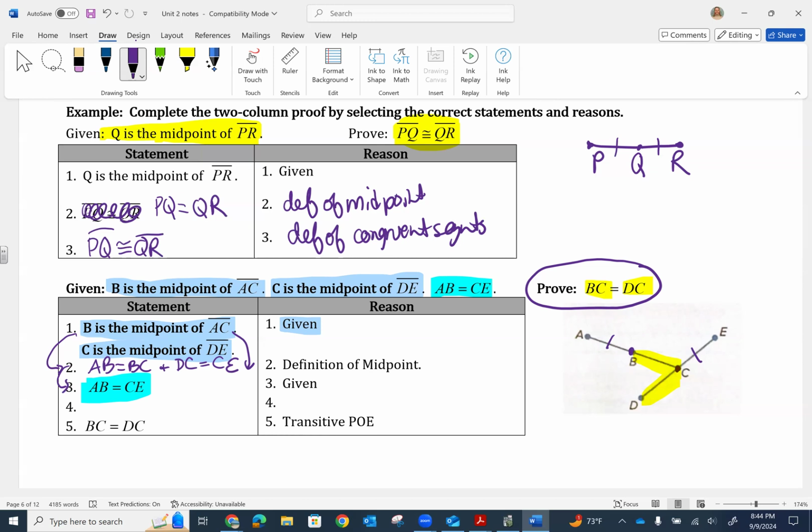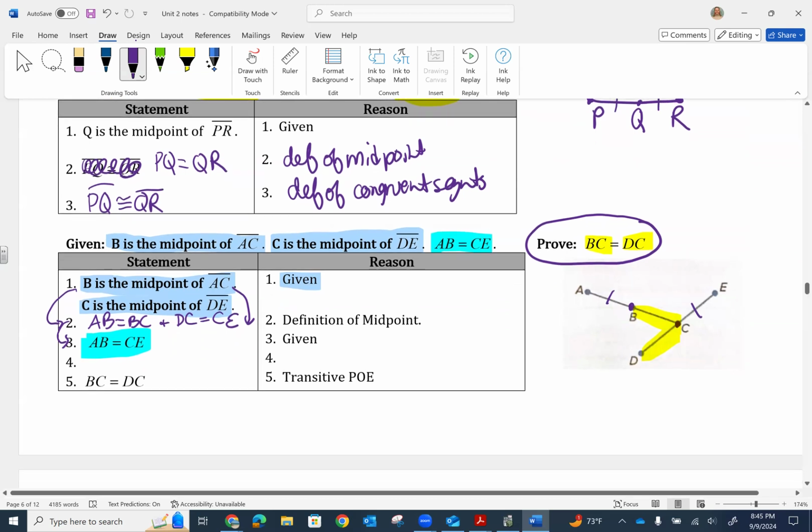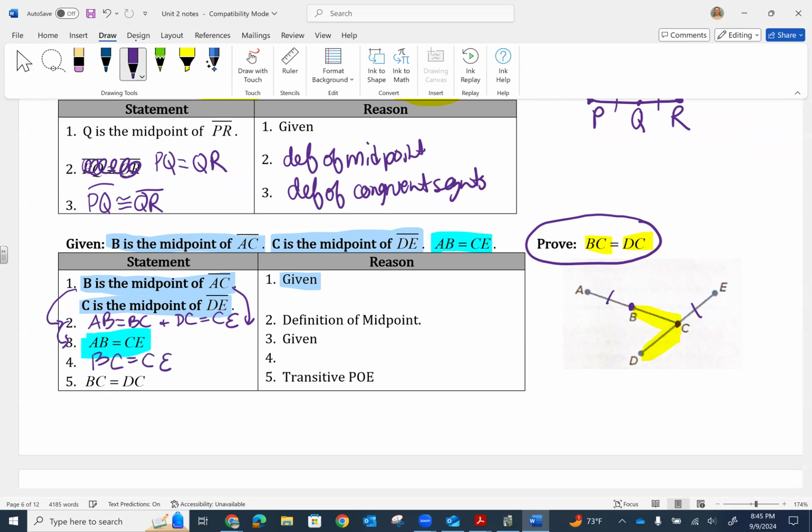Step 2 and 3 is going to say if AB equals CE, we're going to state that BC equals CE. Let's see why. We're going to do like a substitution type thing. It's actually the transitive property, but we're going to call it substitute for a second.